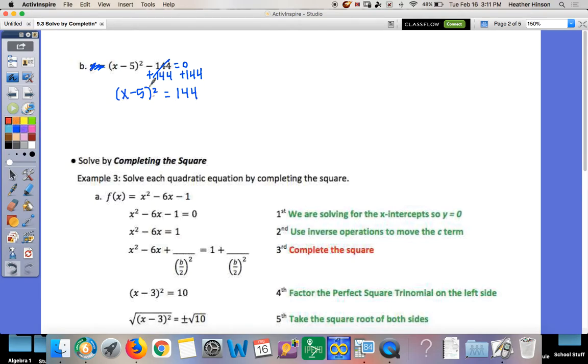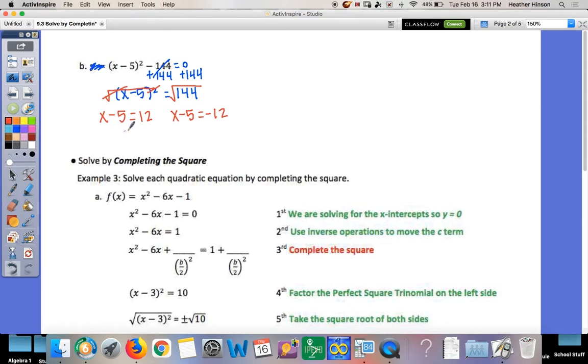Then we're not going to FOIL this. To get rid of this squared, we're going to square root it. So that'll cancel out your squared and leave you with x minus 5. The square root of 144 is a positive 12 and a negative 12.